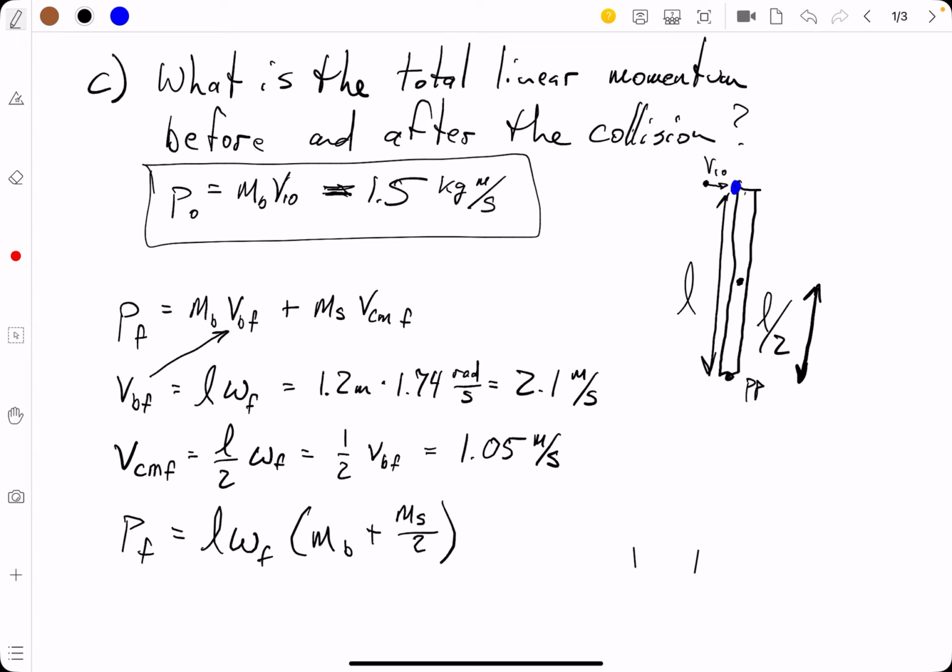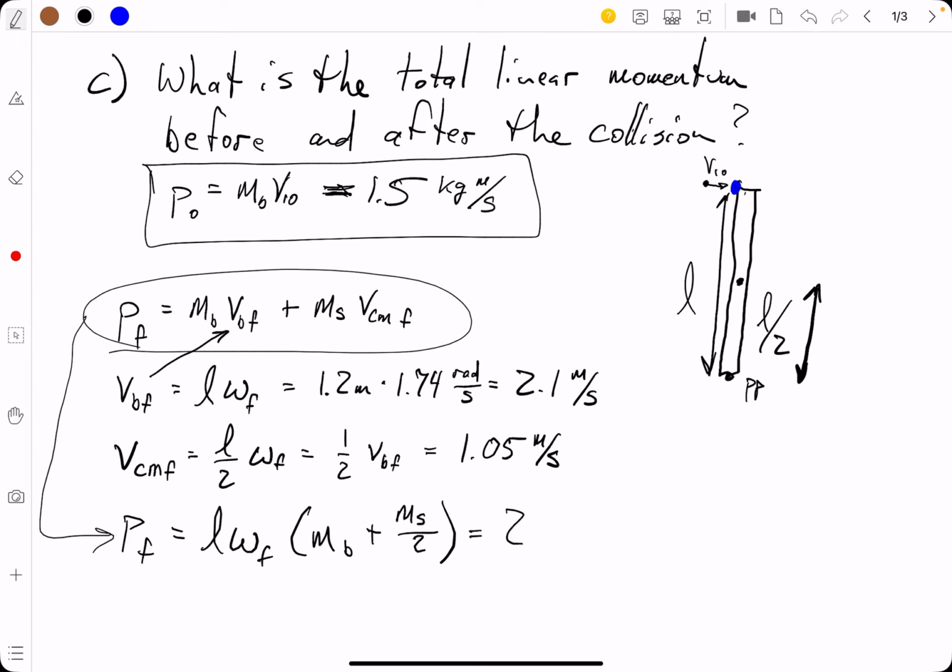If you add all those things in together, and just put the algebraic symbols in, you'll get this. That makes it really nice because you can then plug in less numbers into your calculator. It takes less time. That's the bottom line. You plug those numbers in and you end up with 2.19 kilogram meters per second.